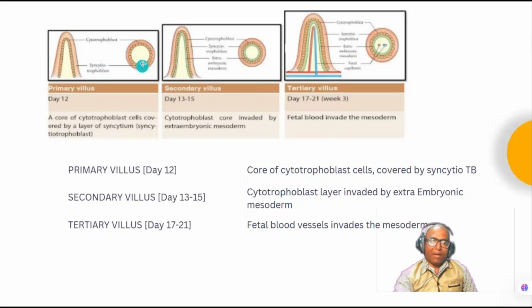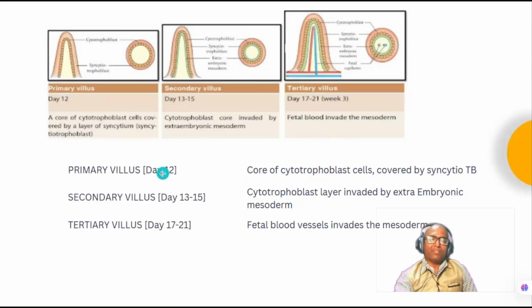So you should know what is happening. Here it is a cytotrophoblast covered by the syncytiotrophoblast. In secondary villi, the extraembryonic mesoderm is in the core, followed by the cytotrophoblast, followed by the syncytiotrophoblast. In the tertiary villi, the blood vessels appear. So in the center, you will have the developing blood vessel, followed by the extraembryonic mesoderm, followed by the cytotrophoblast, followed by the syncytiotrophoblast.